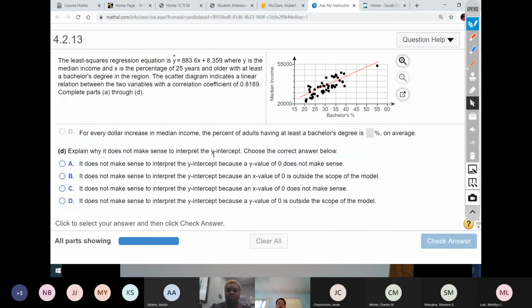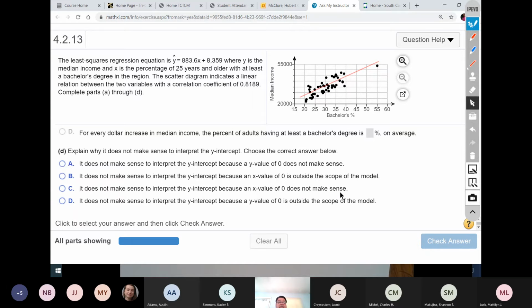Somebody tell me, since we already talked about the y-intercept, which one is it? Would it be A? I like B. It does not make sense to interpret the y-intercept because an x value of 0 is outside the scope of the model.